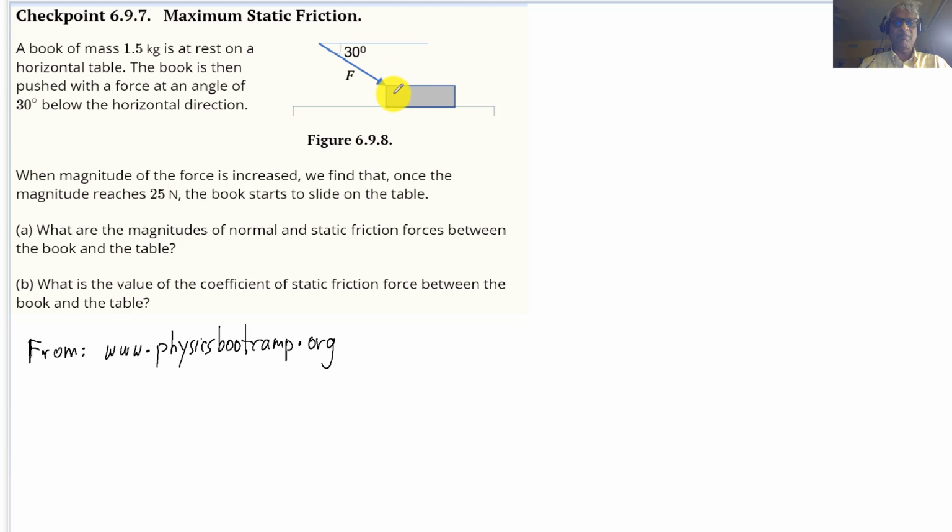The question is about this block. It's on a table and is being pushed, and this block is not sliding.